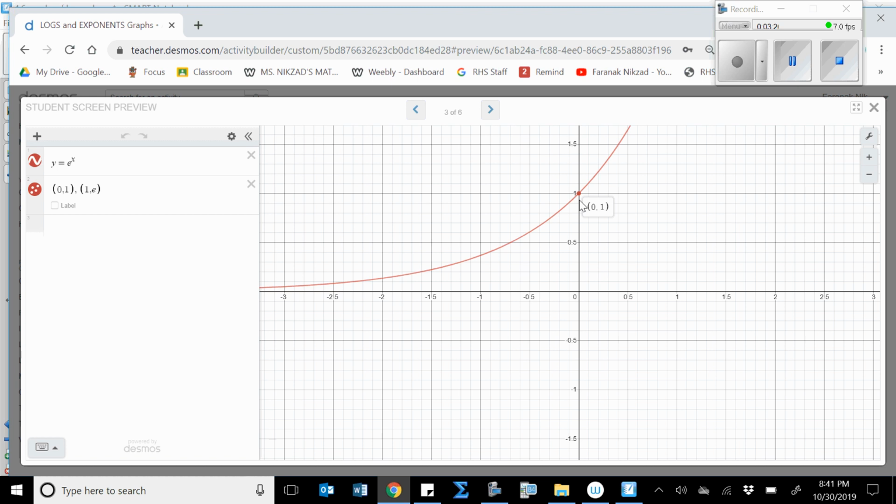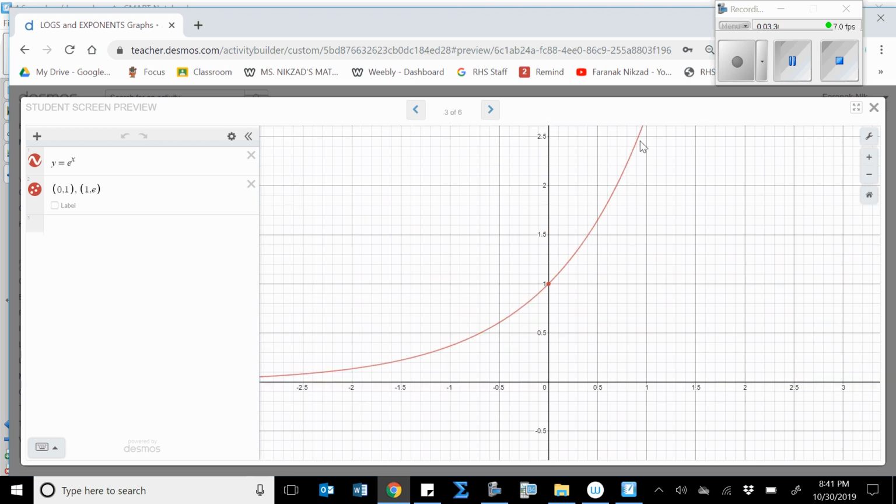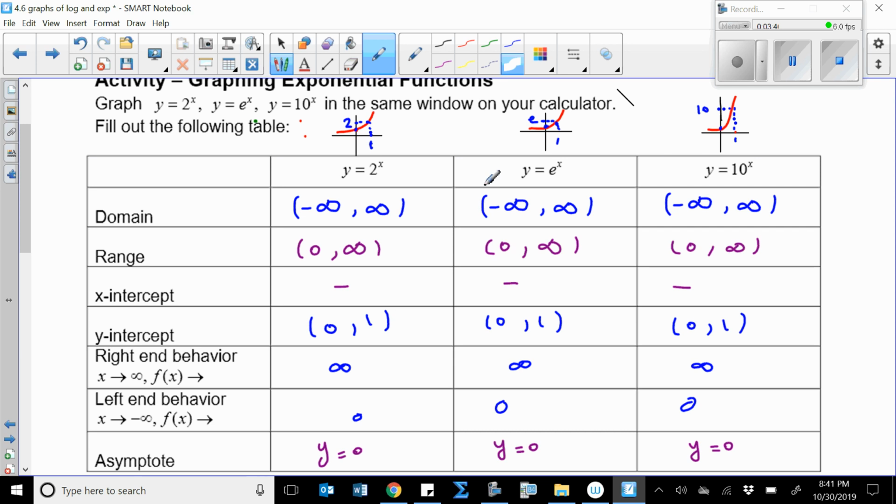The y-intercept is at (0, 1), and the right end behavior is infinity, the left end behavior is 0, because we have an asymptote at y equals 0. So all these pieces of information are the same for 2 to the x, e to the x, and 10 to the x.